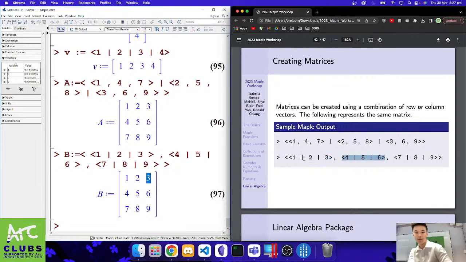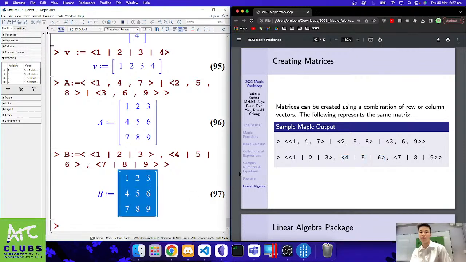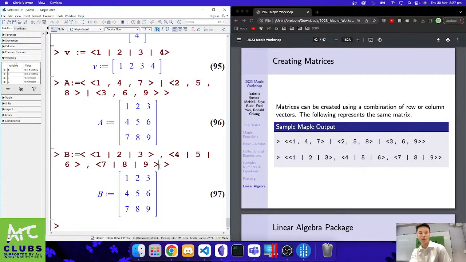Second element, 4, 5, 6, second row, and same with the third element as well. Okay. And remember, with rows, these are separated by commas. Okay. And hence we get a row of row vectors. Okay. So two different ways we can define matrices.